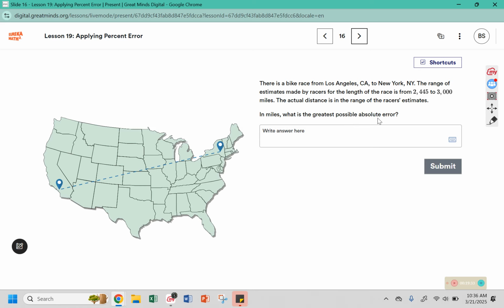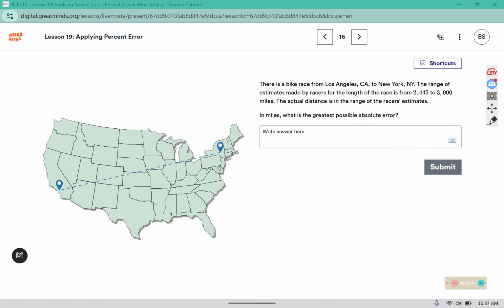What is the greatest possible absolute error? Well, the difference between 2,445 and 3,000 is 555 miles. So the most miles away that their guess could be from the actual distance is 555.